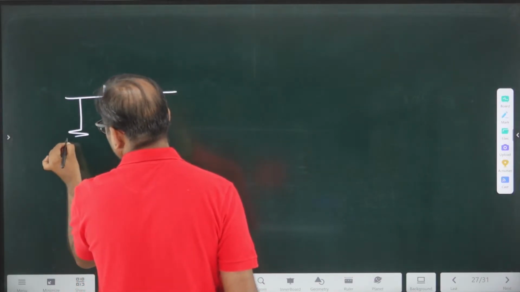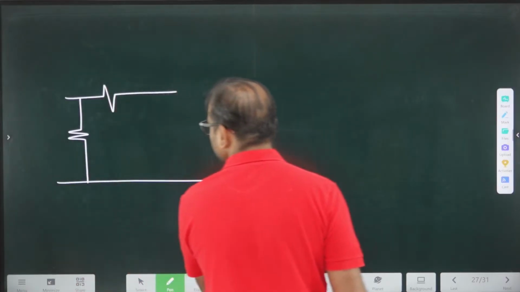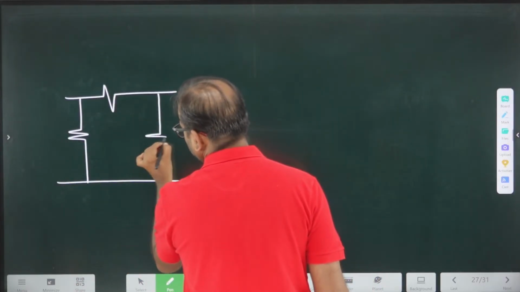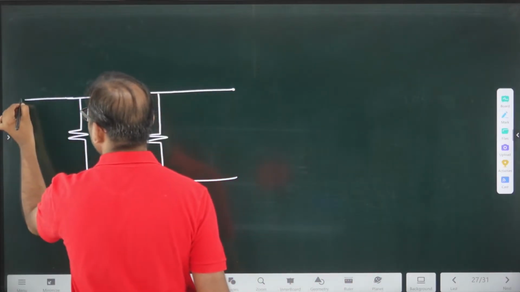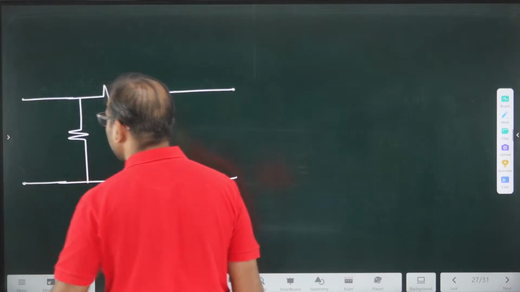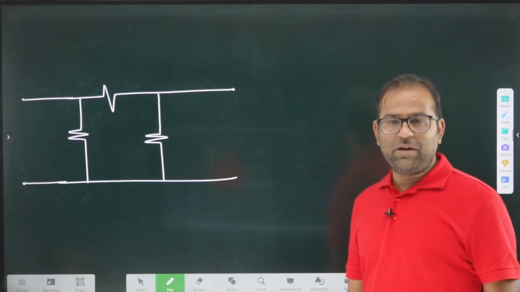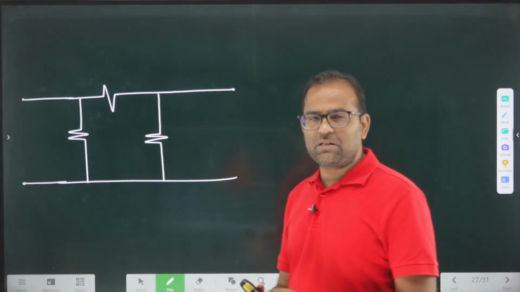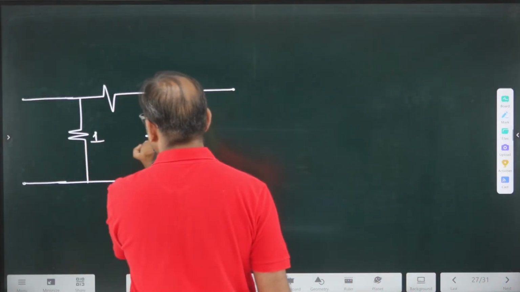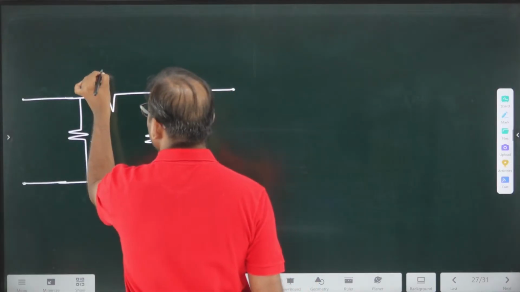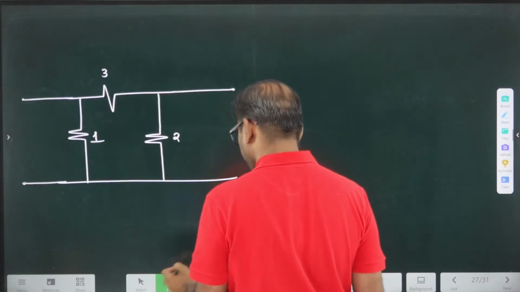This is the same question, but when we convert this network into the Y parameter, the delta network, these things are easy. So this value is 1, this value is 2, and this value I am writing as 3.